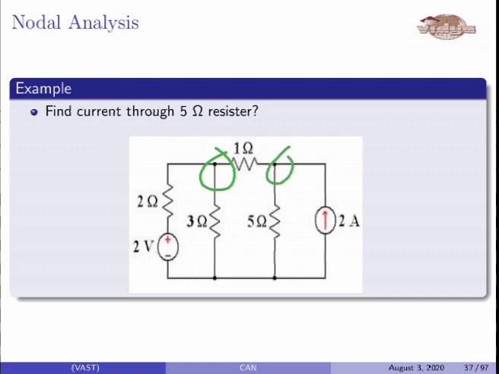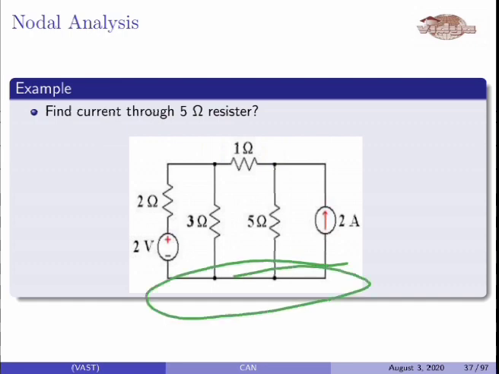There are also 3 branches in that node and there is one more node at the bottom where 4 branches are meeting. So we identified the nodes. This node at the bottom, where the maximum number of branches, that is 4 branches, are meeting, is taken as the reference node.